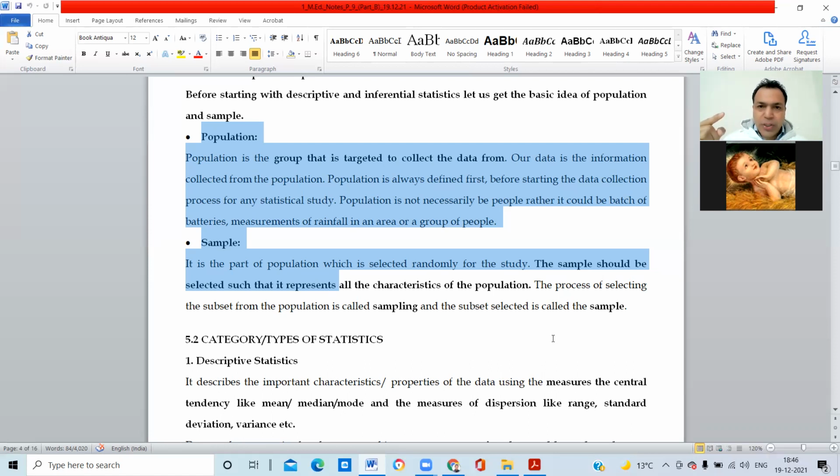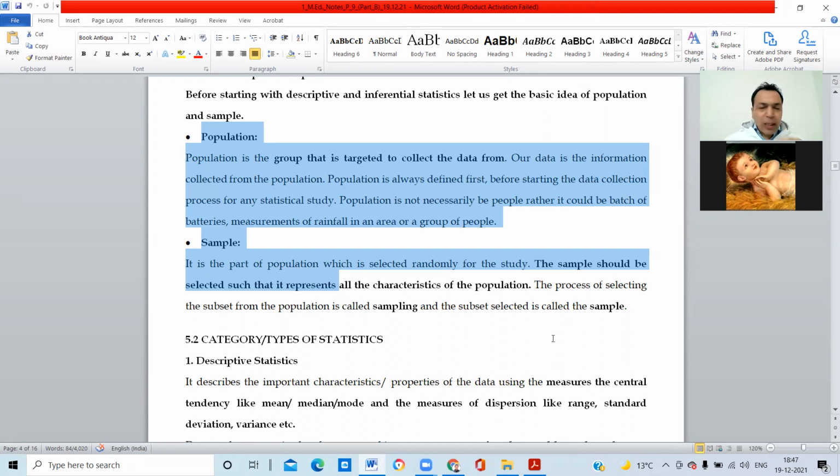Again, listen to my research topic: to check the computer and ICT knowledge of 7th class students of convent schools across India. This is my population. But remember, you do not collect the data from the population. You always collect the data from the sample.